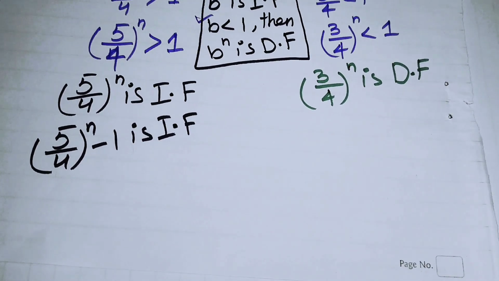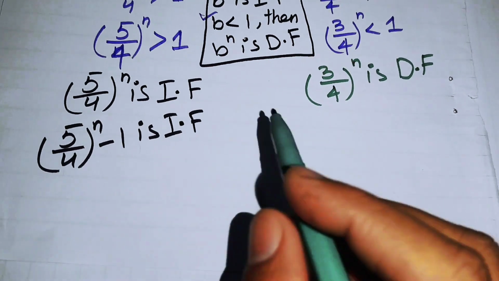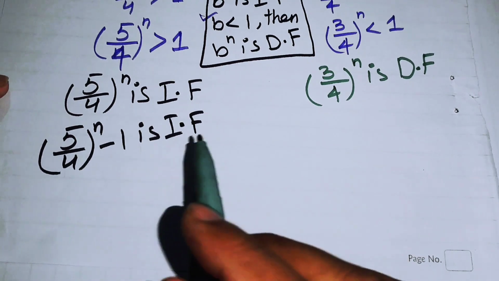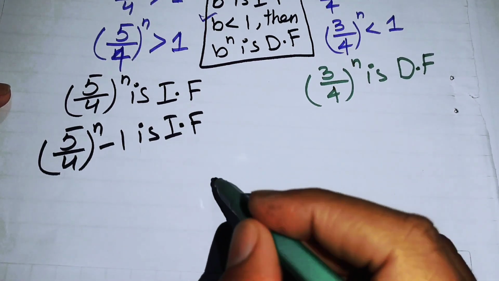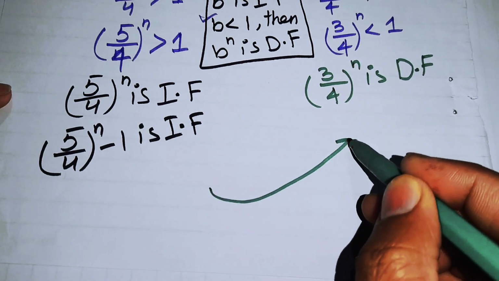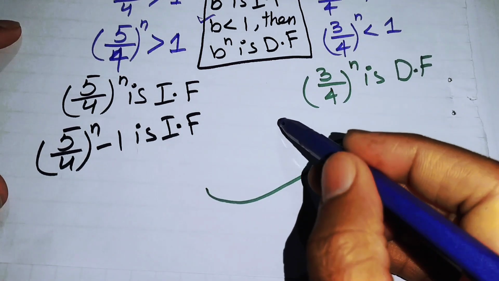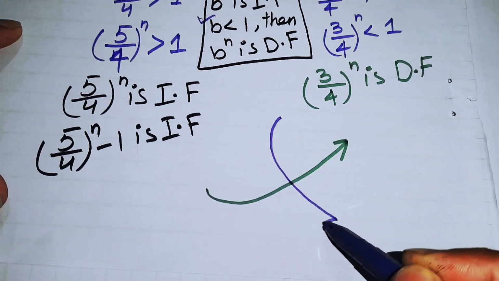So now we combine, or we draw visually, increasing and decreasing function. So here you see that the graph of increasing function will look like in this form. So this represents the increasing function, and the graph of decreasing function will look like in this way.